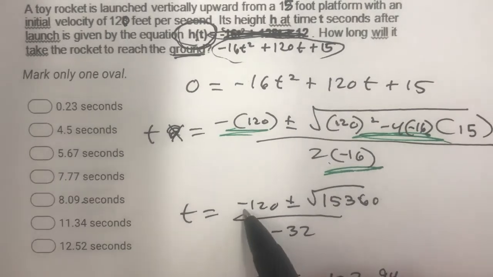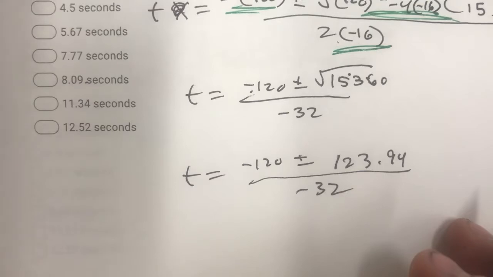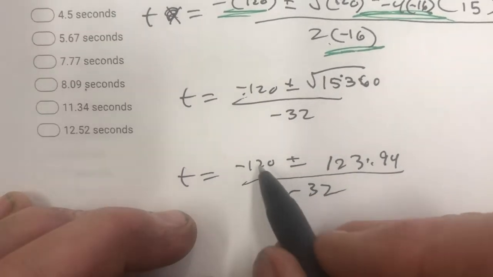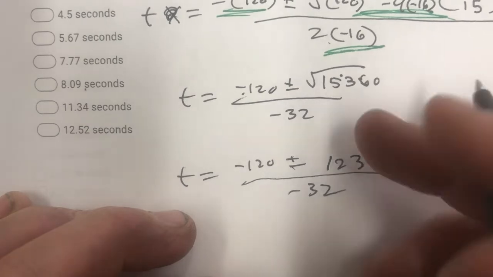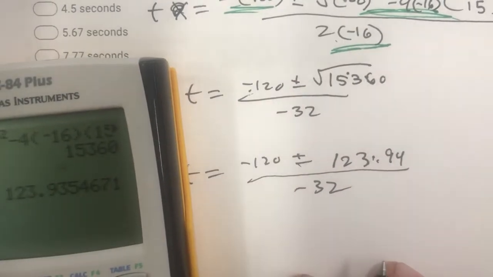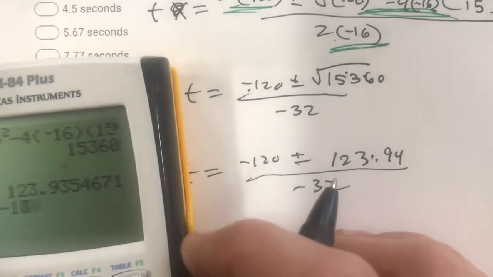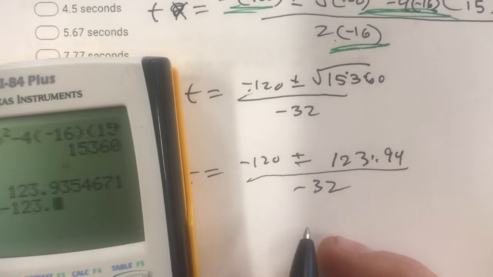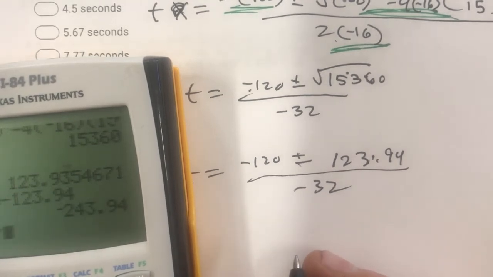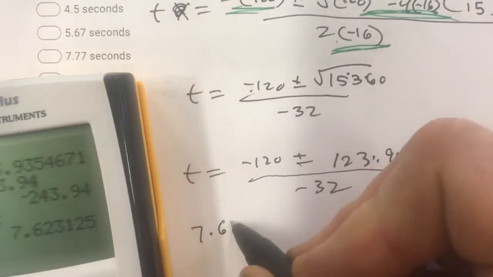So I've got negative 120 plus this divided by negative 32, then I've got negative 120 minus this divided by negative 32. So negative 120 minus 123.94, hit equals, and then divide by negative 32, and I'm getting 7.62 seconds.